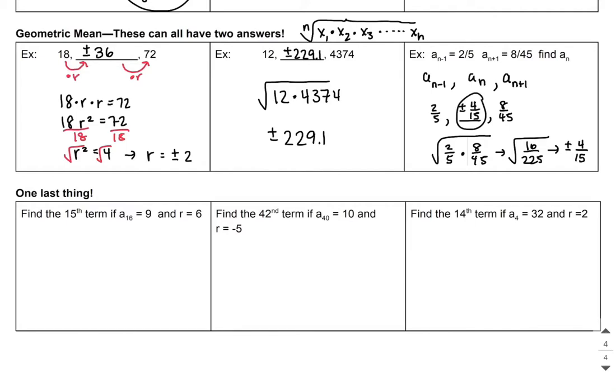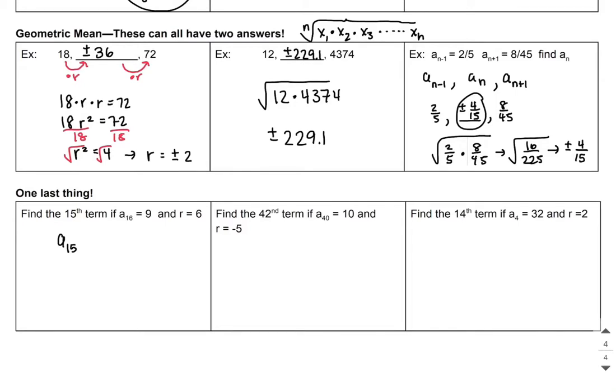For this last part, I want to be able to use the recursive definition. So I want to find the 15th term, and I don't know what it is. So I'm going to write an equation with a sub 15, and I've been given the 16th term and the common ratio.